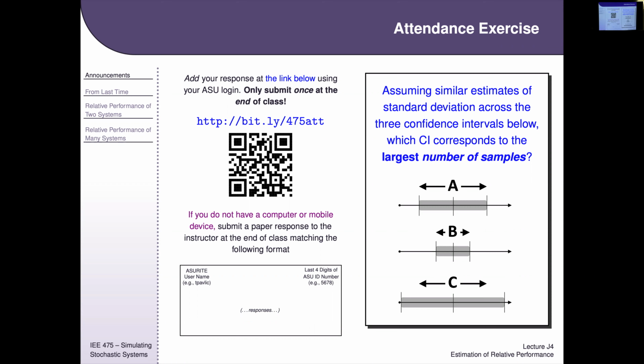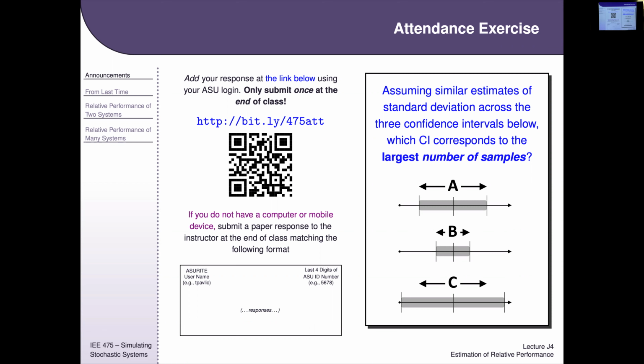The only thing that's differing from one interval to another is how many samples were taken of the population. So really what I'm asking here is what happens to confidence intervals as you take more samples? Do they get larger or do they get smaller? And so if I want to say which confidence interval has the largest number of samples, I'm effectively asking you really what the difference is between B and C.